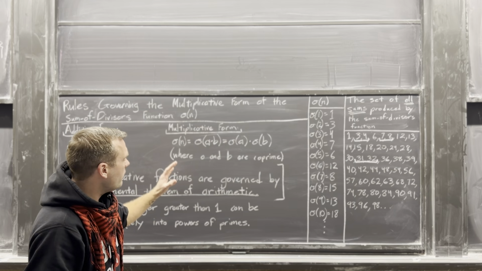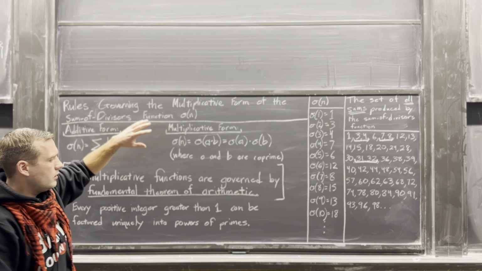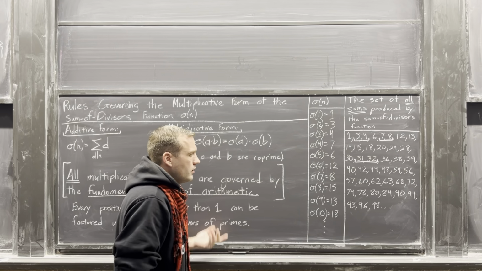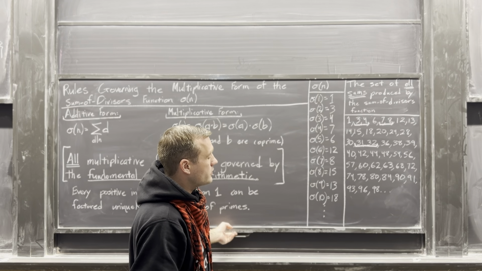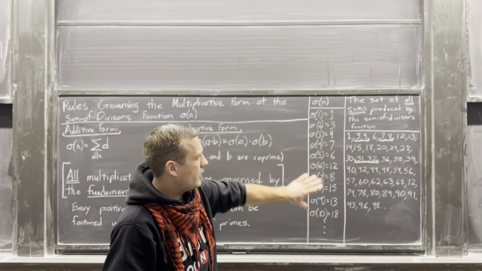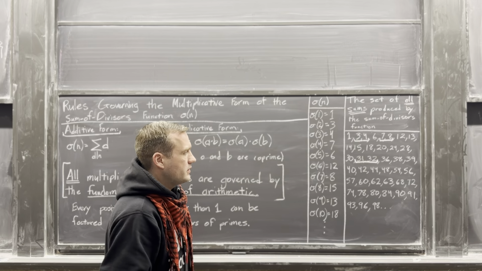But interestingly enough, the multiplicative form implies that this rule should be followed as well. So let's take a look at this. This is really fun because what we find is that there are contradictions, but they actually all work together.